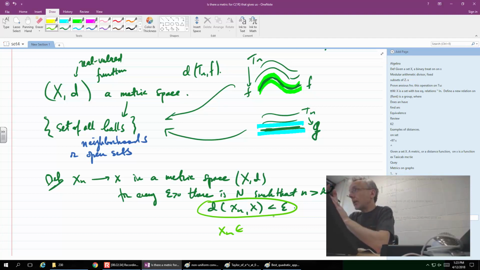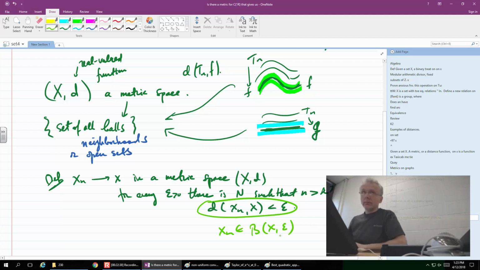These are balls we're talking about. So it belongs to B(x, epsilon), an epsilon ball around x. Those little strips that I drew there are the balls that are supposed to contain the tail of the sequence.